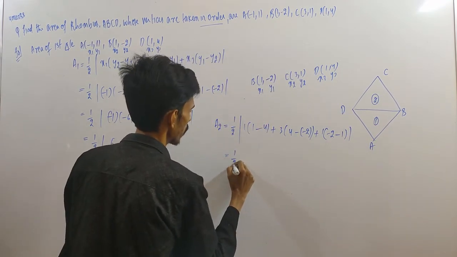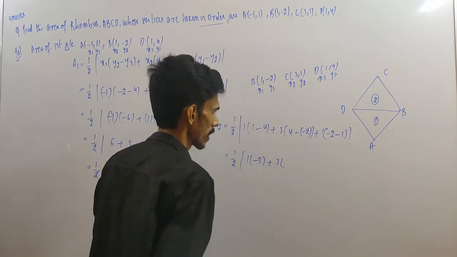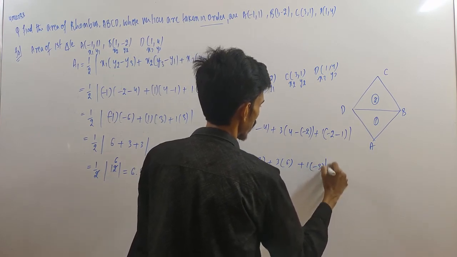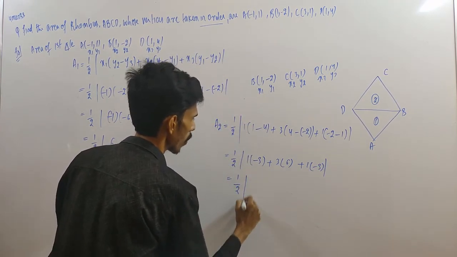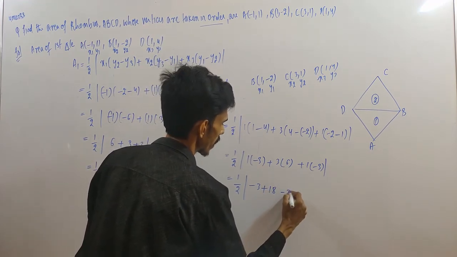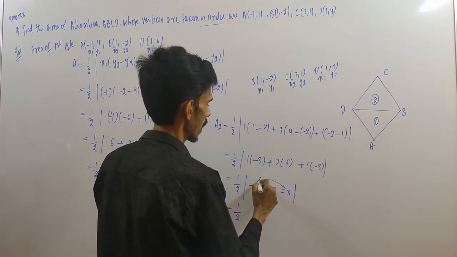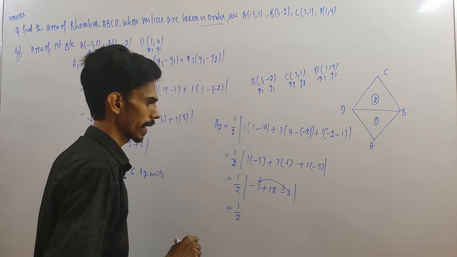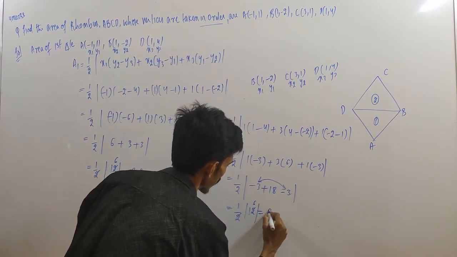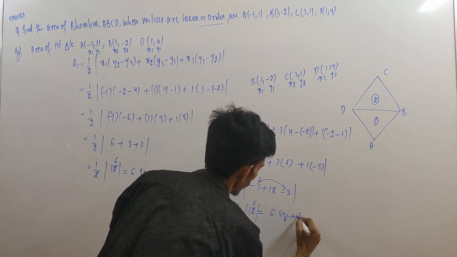So we have 1 by 2 into 1 into minus 3 plus 3 into 6, plus 1 into minus 3. That equals 1 by 2 mod of minus 3 plus 18 minus 3, which is 12. 2 sixes are 12, so we have 6 square units.